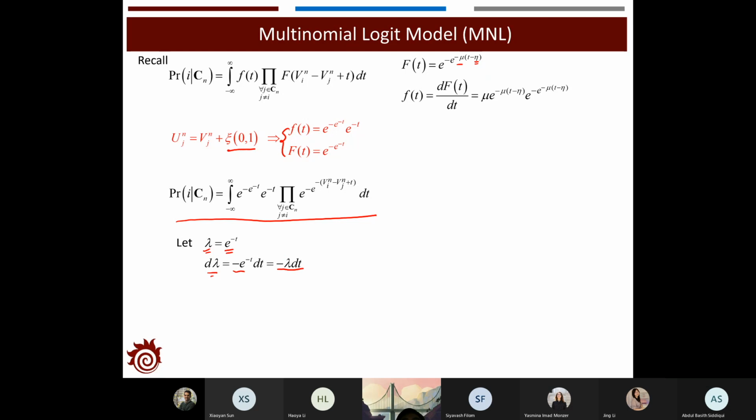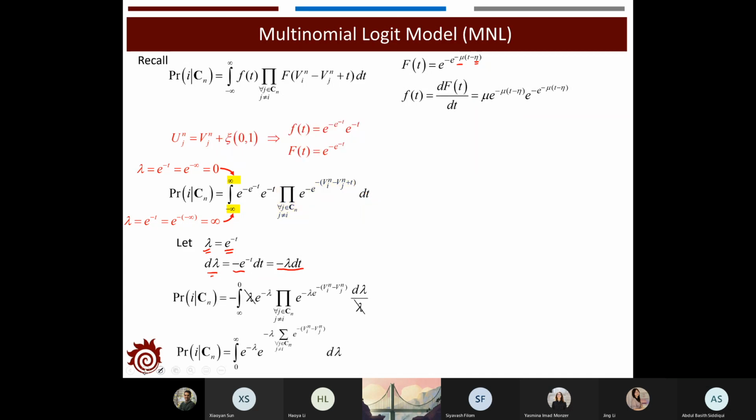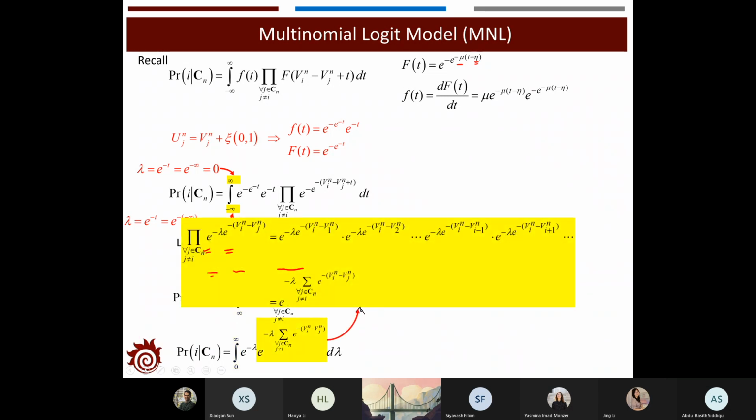This is quite a useful transformation of the variables from t to lambda. Now we replace t with lambda in this integration. I'll skip the detailed derivation, but basically, if you do this kind of conversion, eventually you'll find a very simple expression.